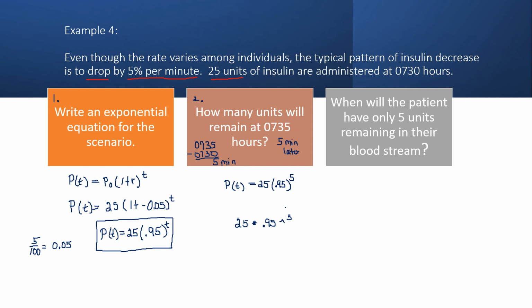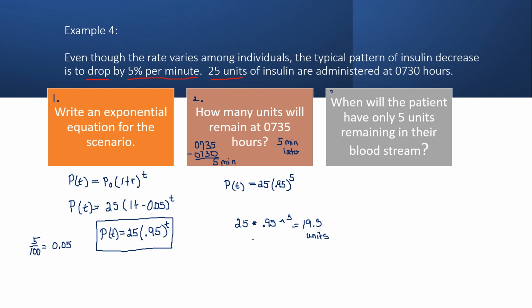So I'm typing that now, and I encourage you to do the same and make sure you have that typed in correctly. I get an answer here of 19.3. And we were not told here how to round, so if you round it differently, that would be fine. You might even round this to a whole number and say that there would be 19 units remaining.